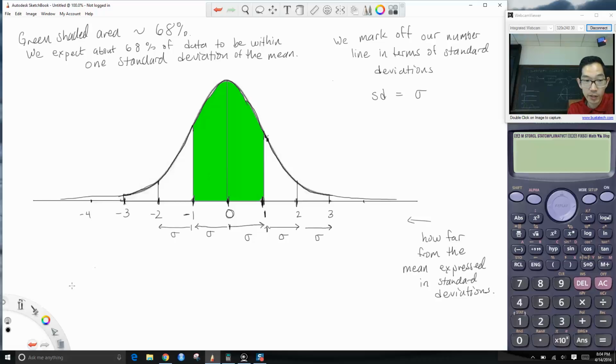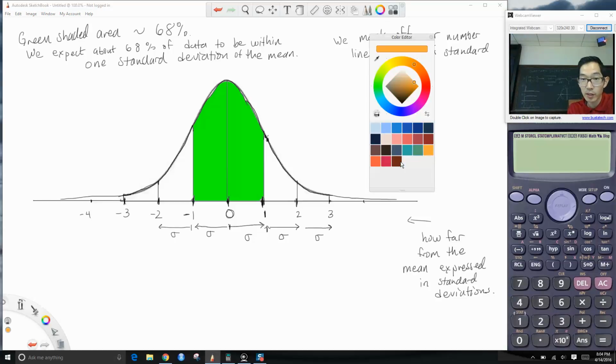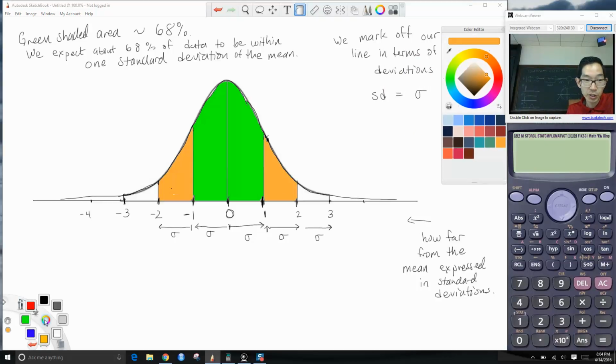And then if I shade a little more here, I'll pick a different color. Now the green plus the orange represents about 95%.